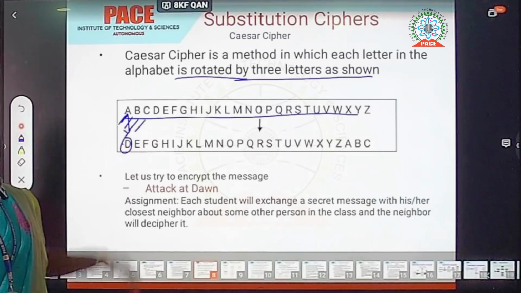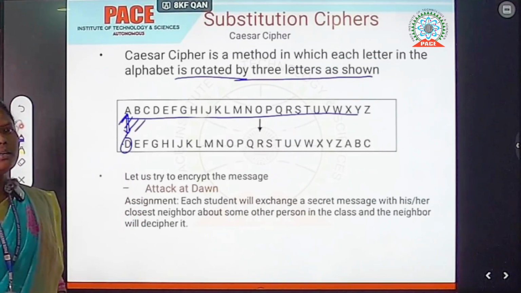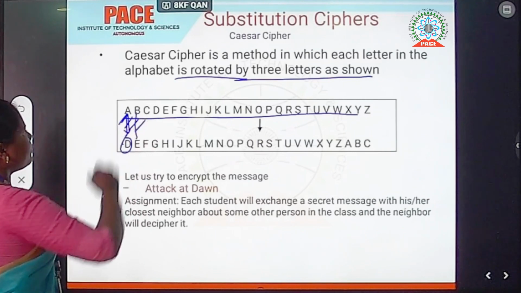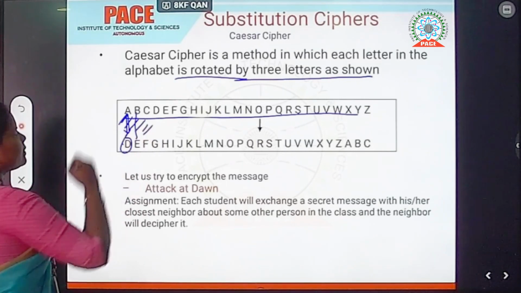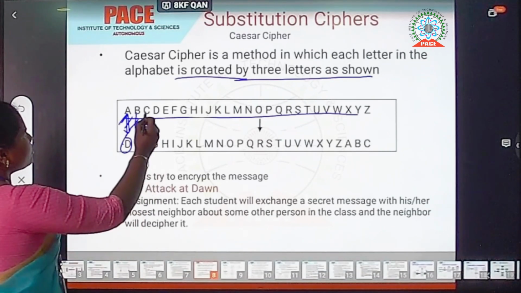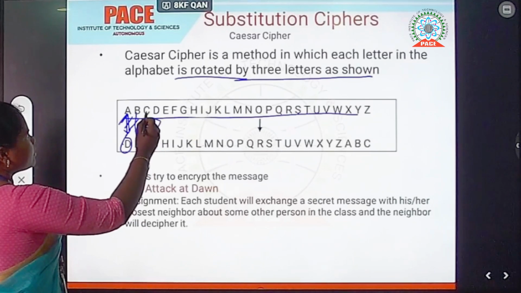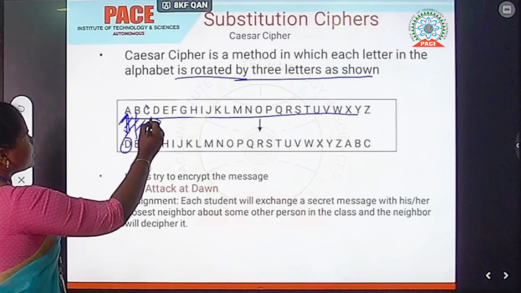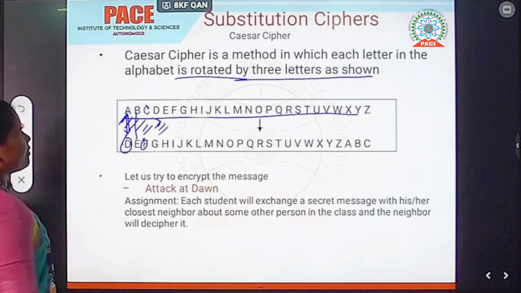It is rotated 3 times, then D comes. Next for B: B, C, D, E, the third one is E. Coming to C: after C, D, E, F, the third one is F.